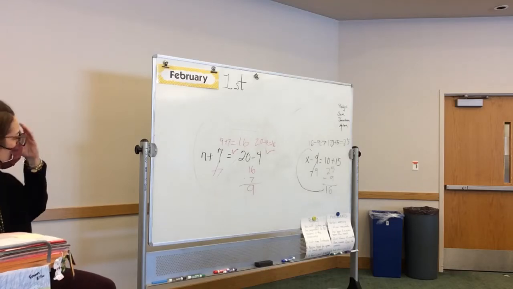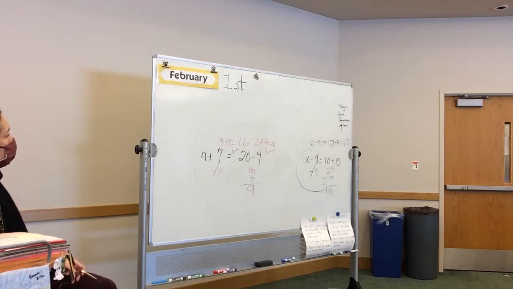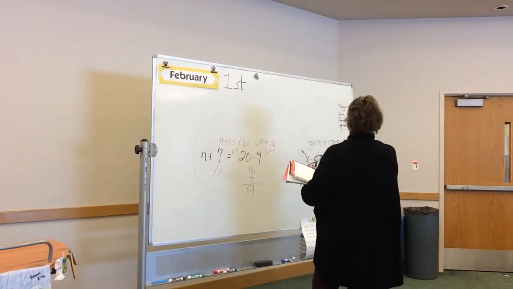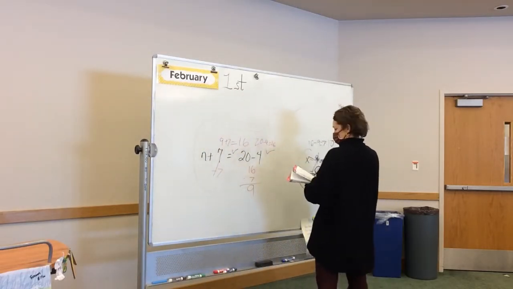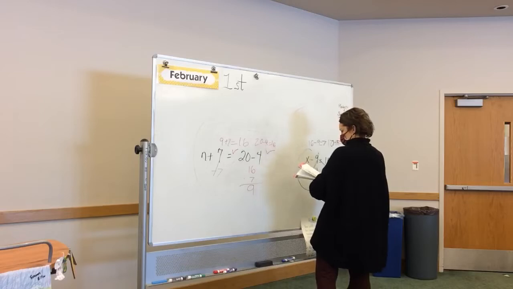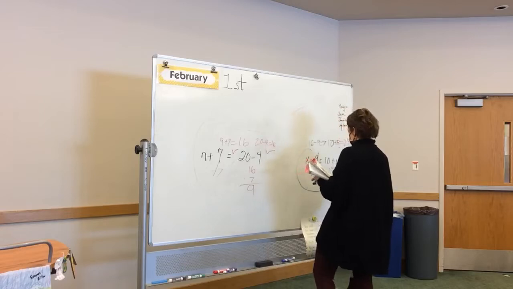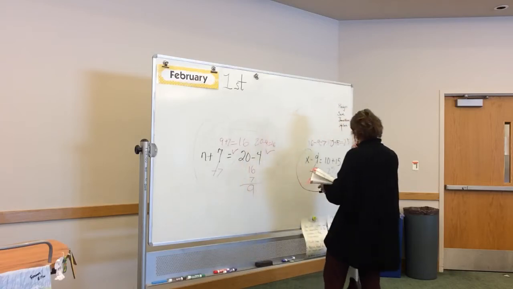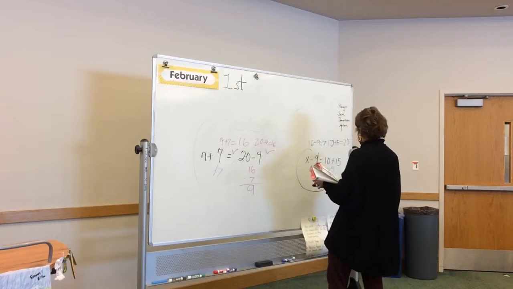Good. 25 for both. Very good. Something's not right. All right. So 16. Something is not correct.